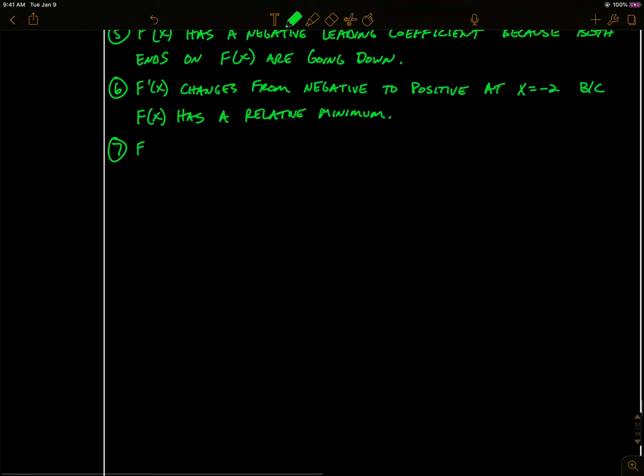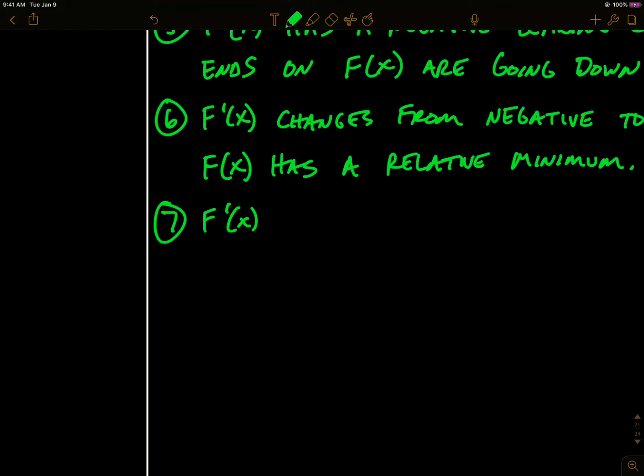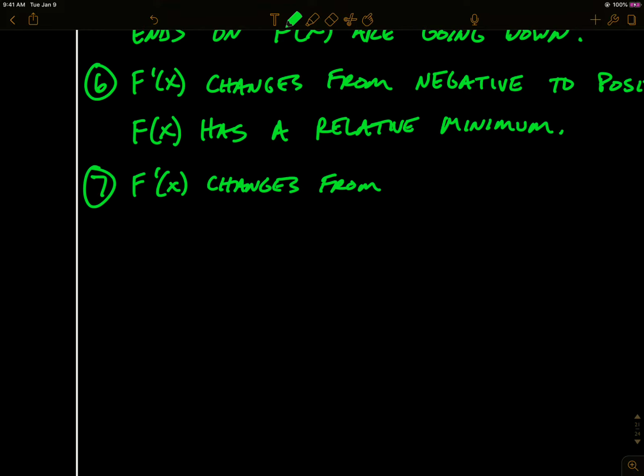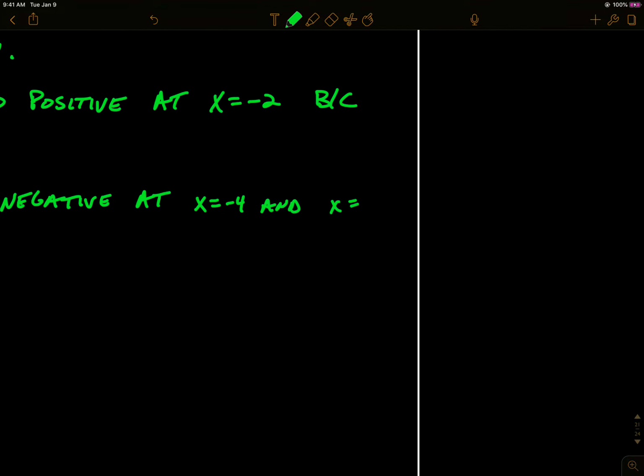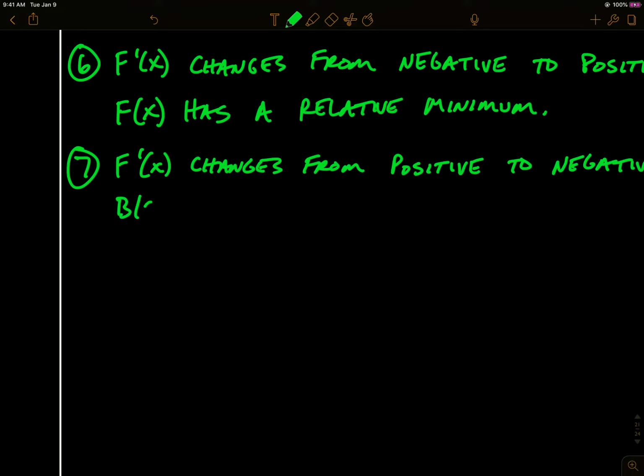So we'll say that f prime of x changes from positive to negative at x equals -4 and x equals 1, because f of x has a relative maximum.